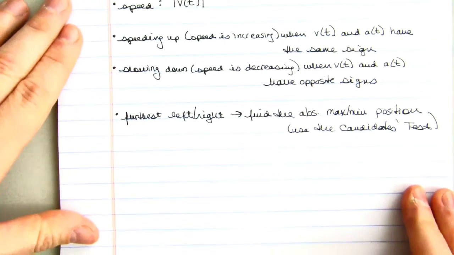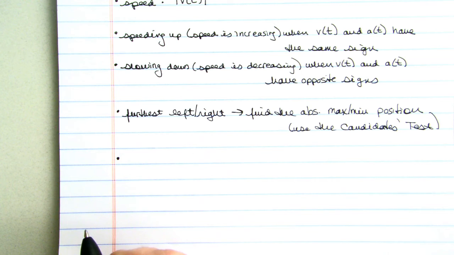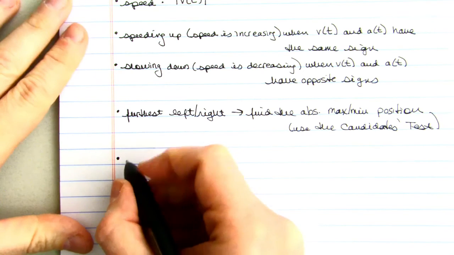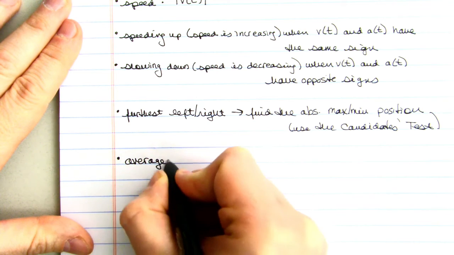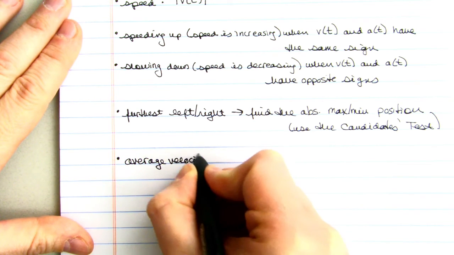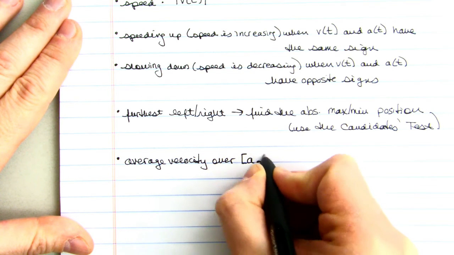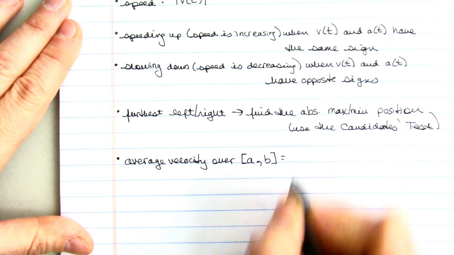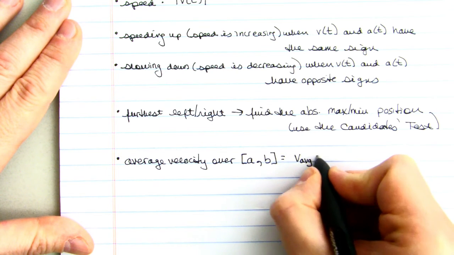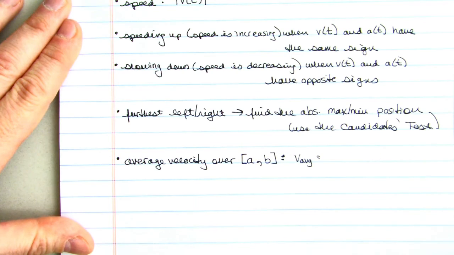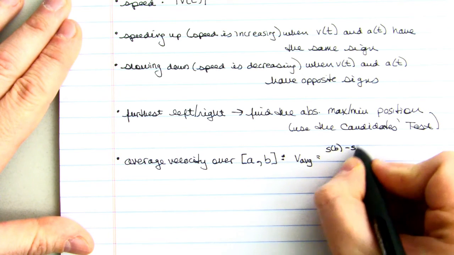Two more. Our velocity is the derivative of position. That's our instantaneous velocity, but sometimes we might be asked for the average velocity over some interval. Our average velocity is going to equal the change in position over the change in time.